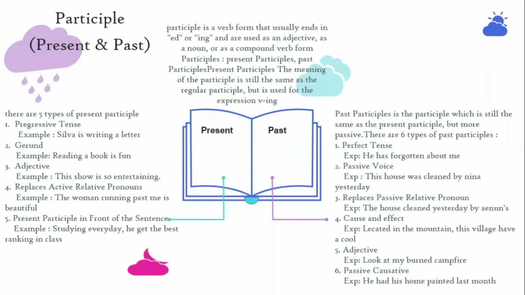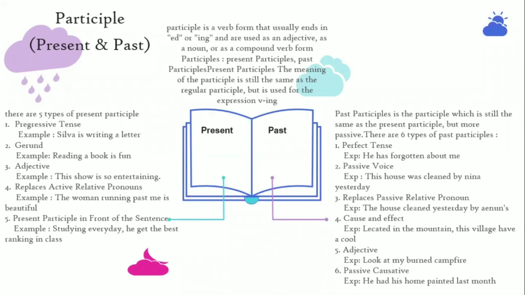Gerund. Example, reading a book is fun. 3. Adjective. Example, this show is so entertaining. 4. Replace active relative pronoun. Example, the woman running past me is beautiful. 5. Present participle in front of the sentence. Example, studying every day, he gets the best ranking in class.